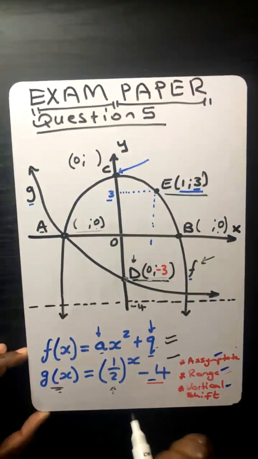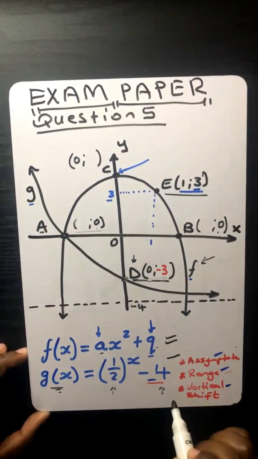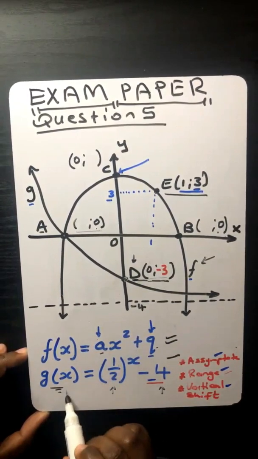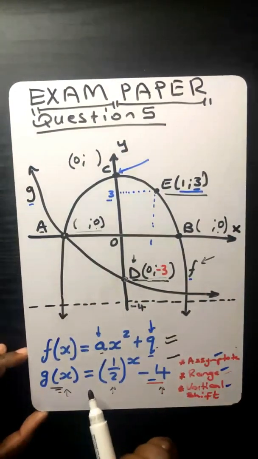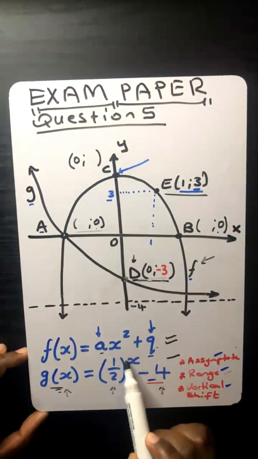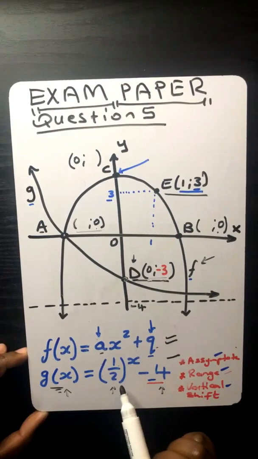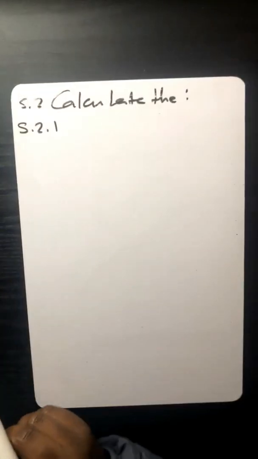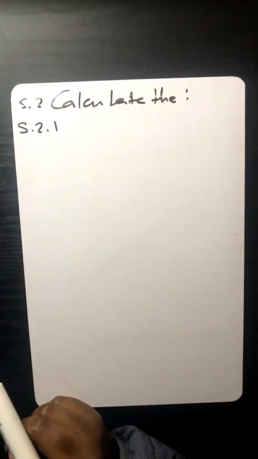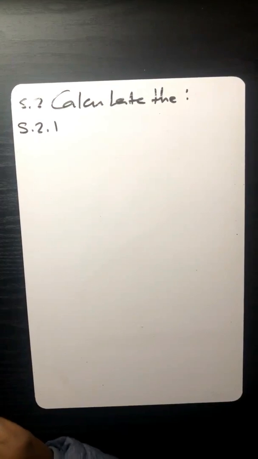We know that value there, so based on that point A we can calculate the X value at point A. So how do we calculate that? You need to interpret these things in a sense that they make sense.